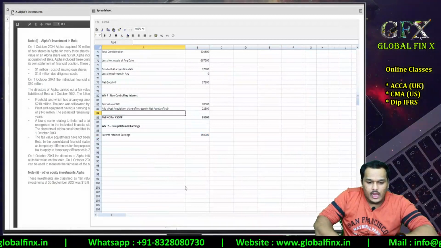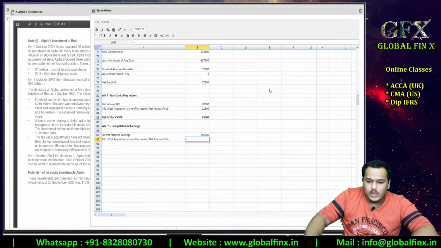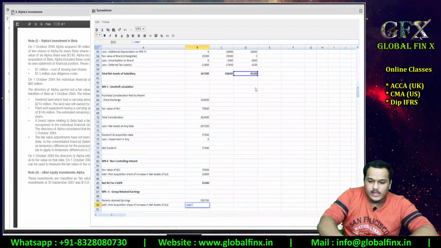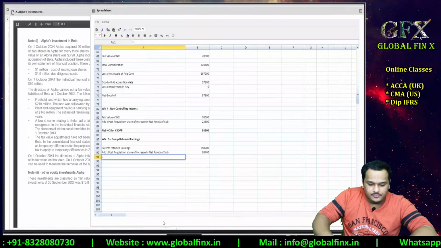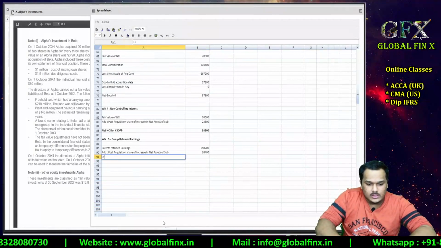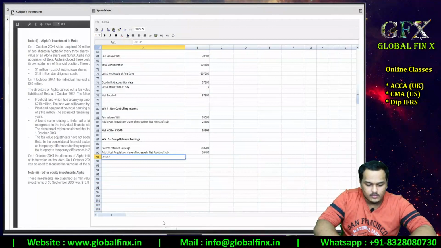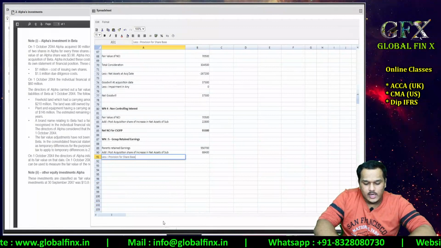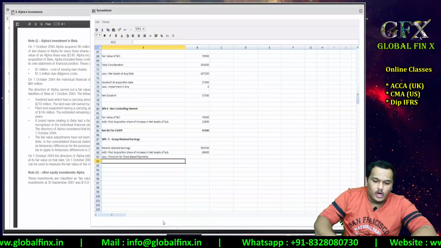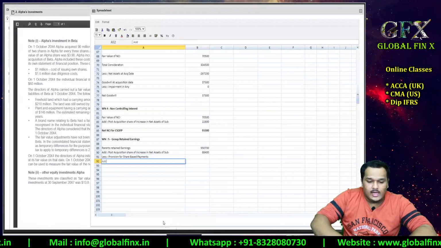Then add post acquisition share of net assets, which is 91,200 into 75%. Okay. Then less provision for share based payments. I don't know how much, so I'll just keep a column there and I'll leave it.